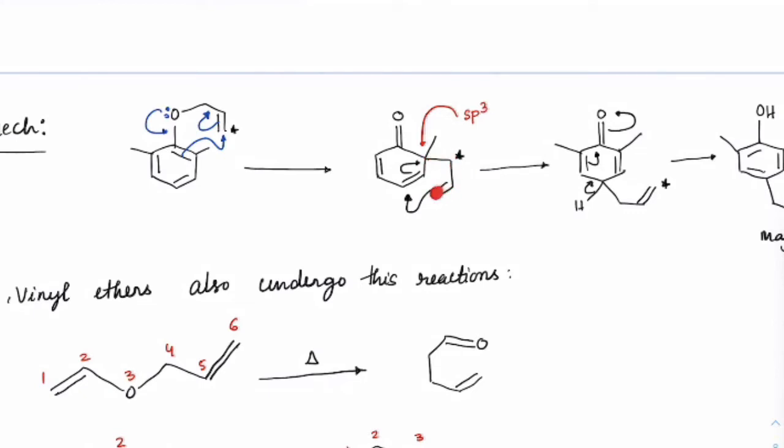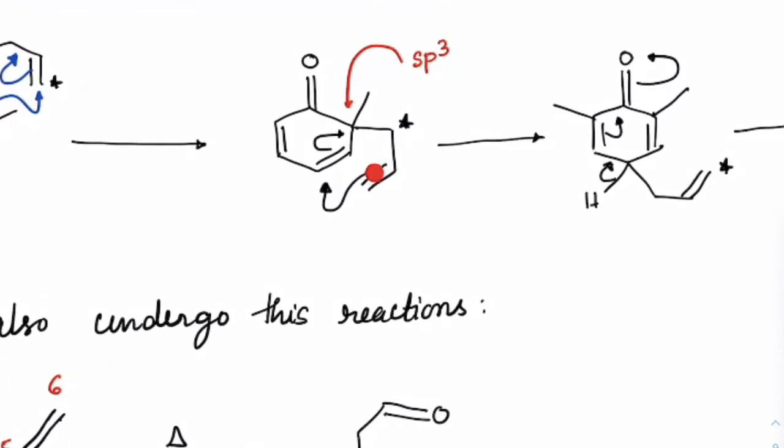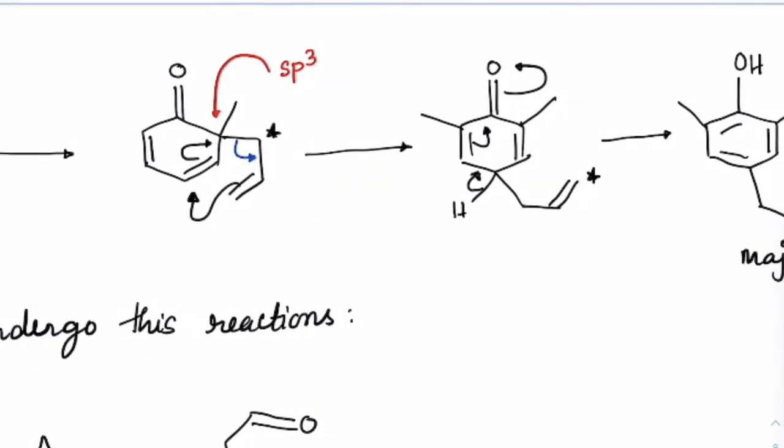So in fact the pi can attack on this side simultaneously, and that is what has been observed, that this pi will again attack on this position and this pi will move here. So this bond has broken and this will come here, so the pi would attack there, and you will see this carbon is getting connected here, right?